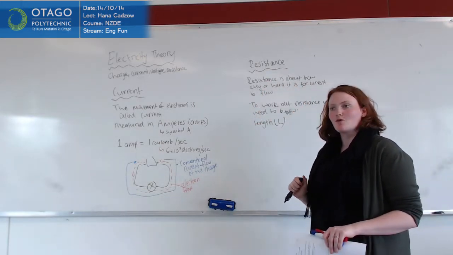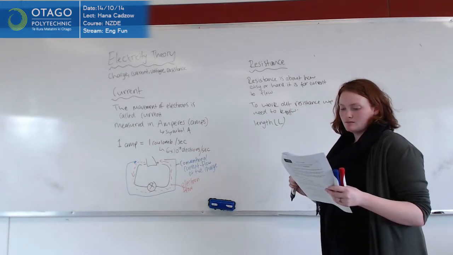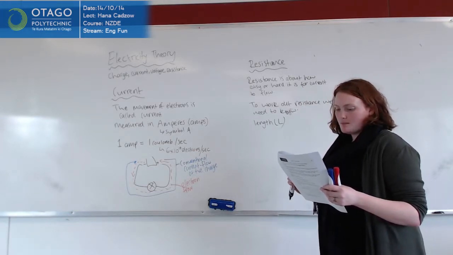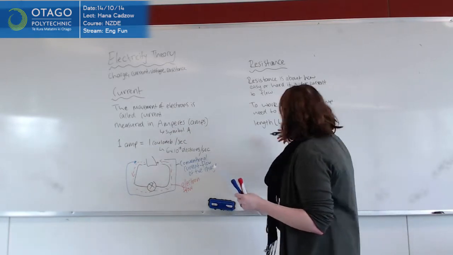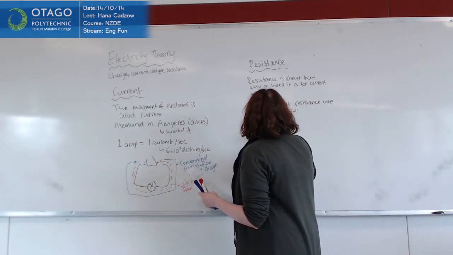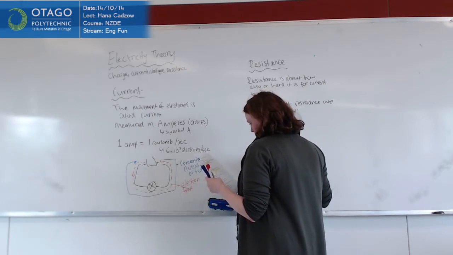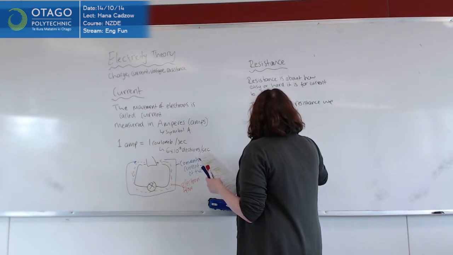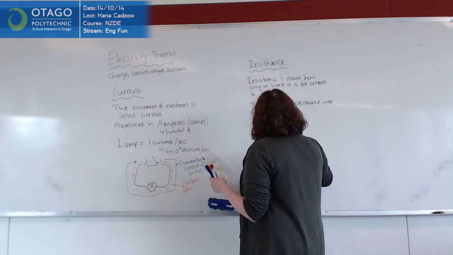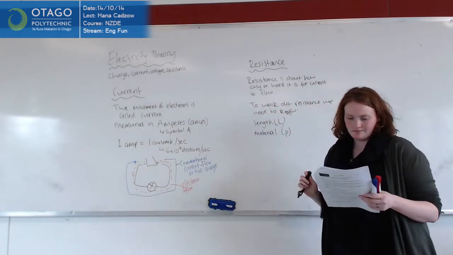I think we'll find that all quite satisfactory. What else do we need to know? Yep, the material. So that's what the material's made of, yeah? And we will call that P.